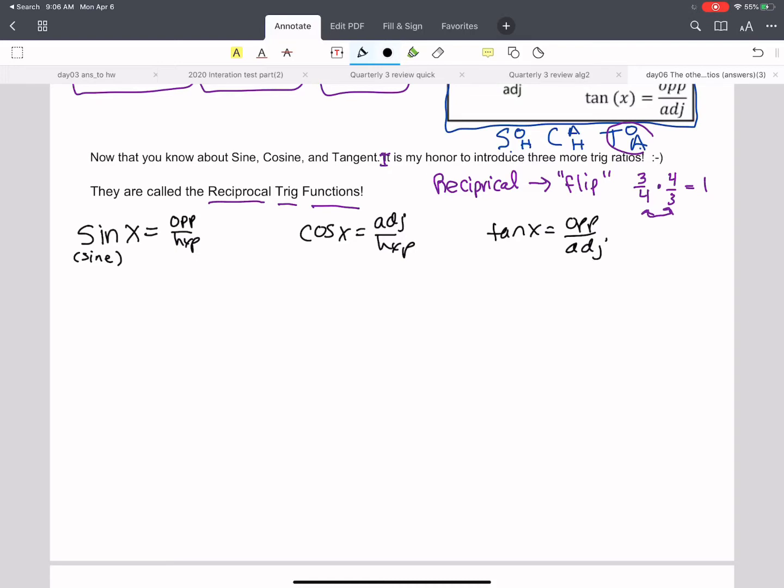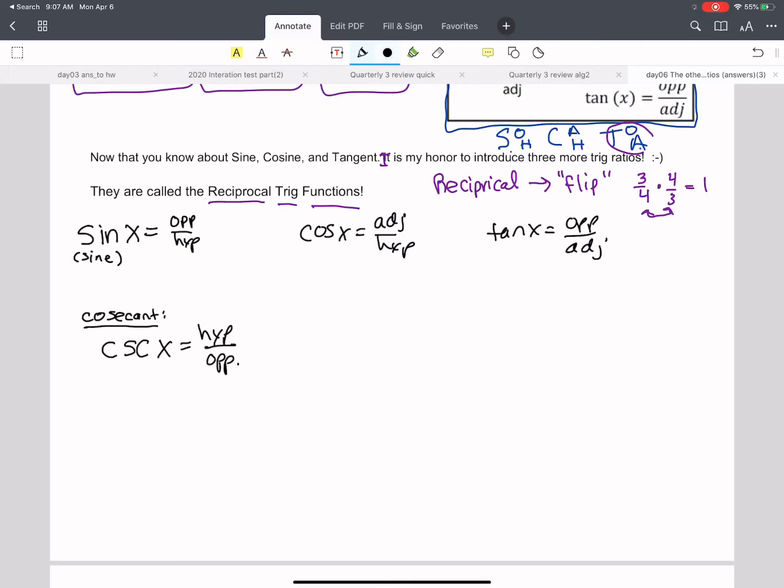There's going to be something called cosecant. And cosecant is abbreviated by CSC of x. I can't stand when people don't put that x in there. CSC of x is equal to, instead of opposite over hypotenuse, it's hypotenuse over opposite.